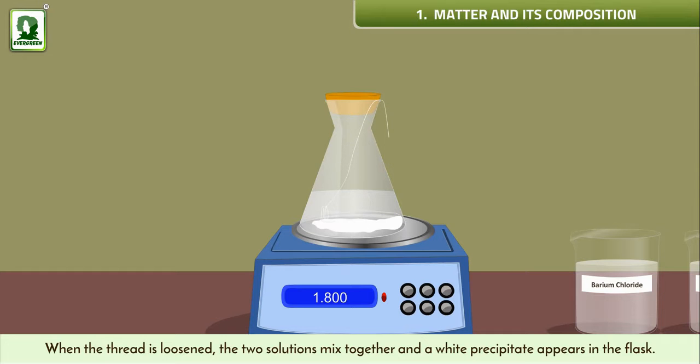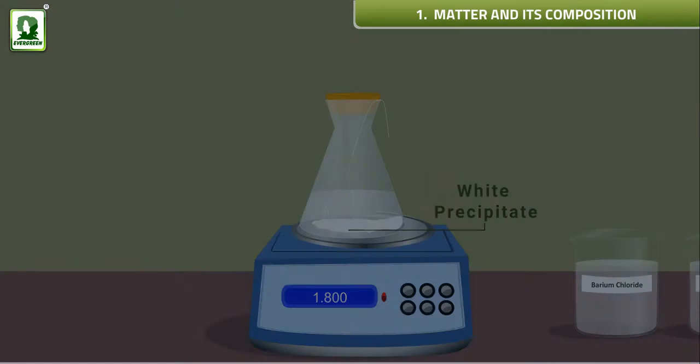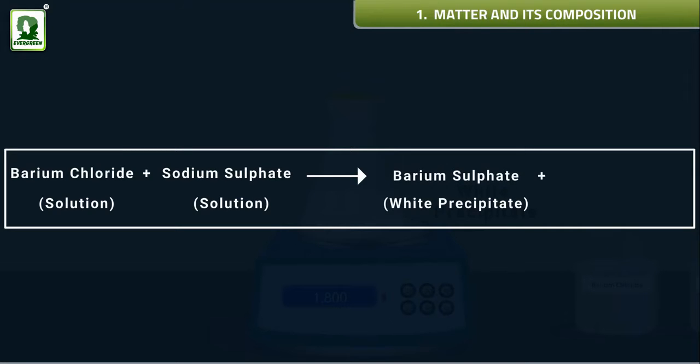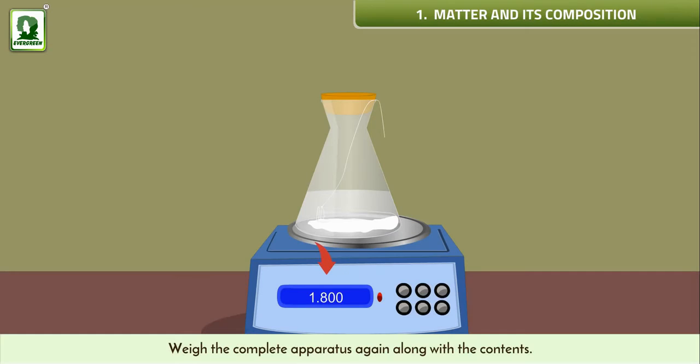When the thread is loosened, the two solutions mix together and a white precipitate appears in the flask. Barium chloride plus sodium sulfate will give us barium sulfate plus sodium chloride. Weigh the complete apparatus again along with the contents.